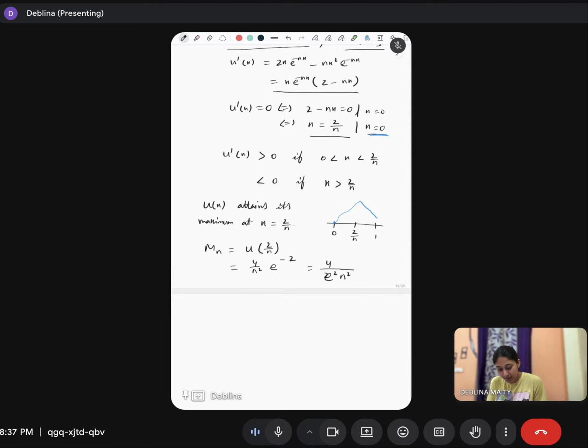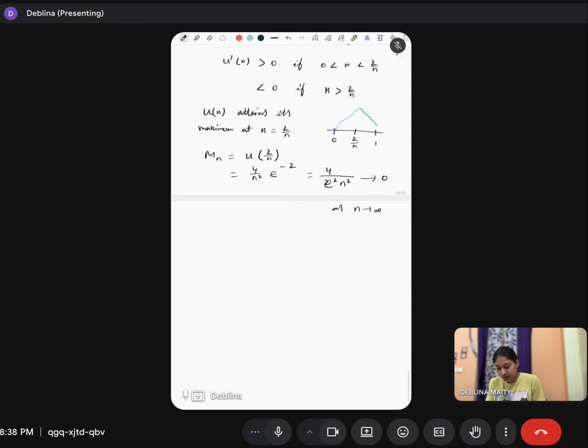This is the value of M_n. Now it clearly tends to 0 as n tends to infinity. So this implies F_n converges to F uniformly on 0 to 1.